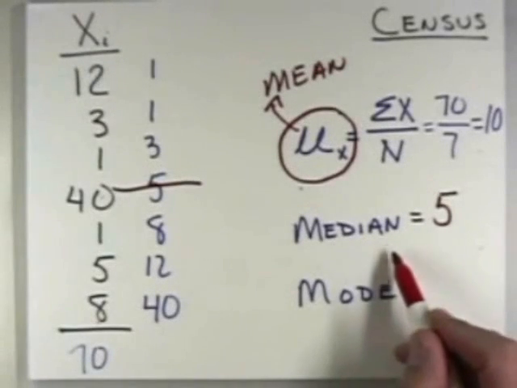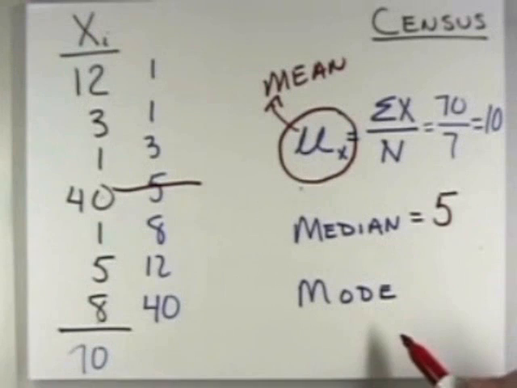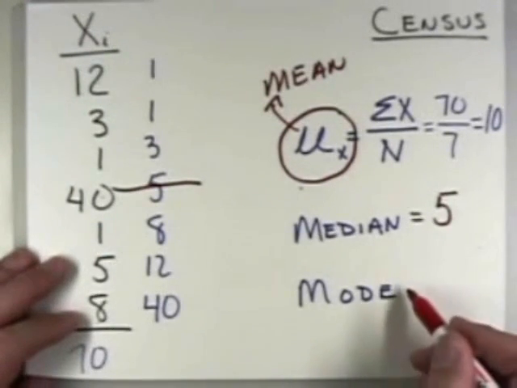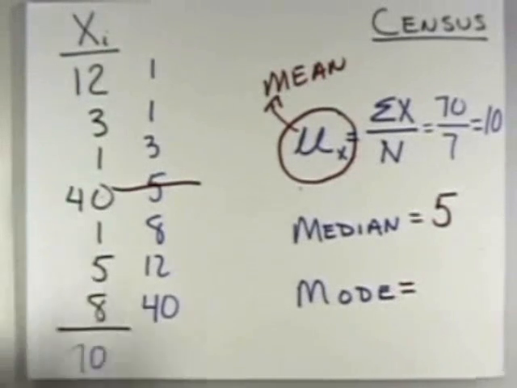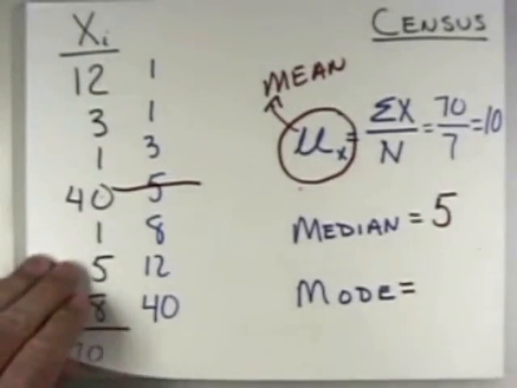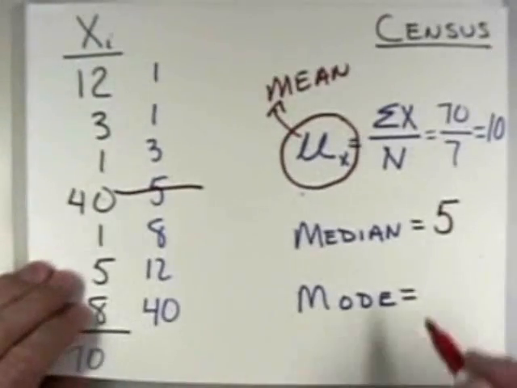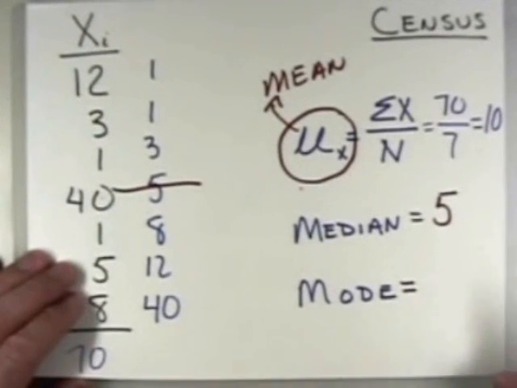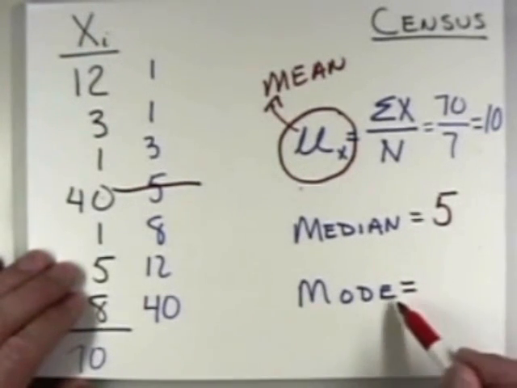Now, when there is not a special symbol for each particular concept that we're defining, it basically indicates that this is not a particularly important statistic or particularly important parameter. In this situation, we have looked at everything. We have the truth. And these are called parameters when the result is based on a census.